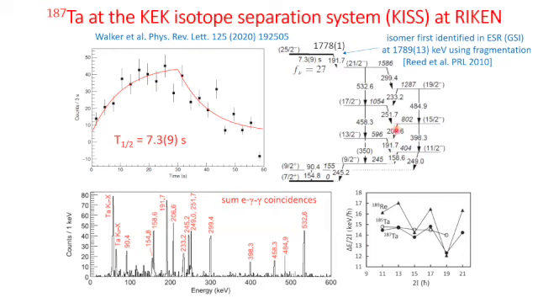There's some staggering of the two different signatures of the band, or if you plot the energy difference divided by the spin, you get this oscillation effect, which is characteristic of, well, I would say, of some band mixing, usually induced by mixing of the K quantum number, but it can be due to triaxiality as well.